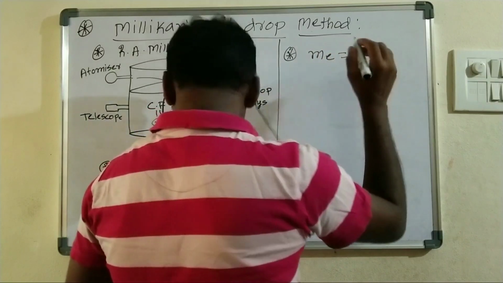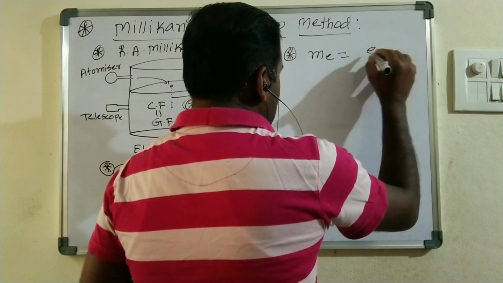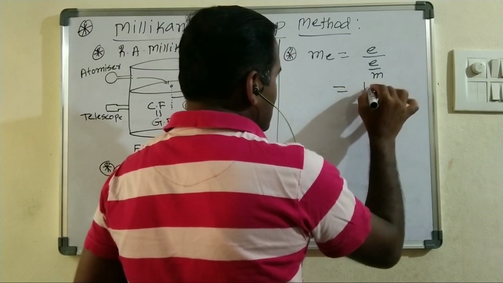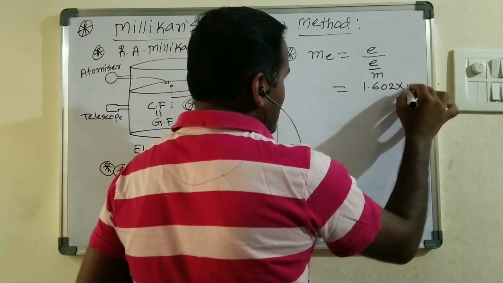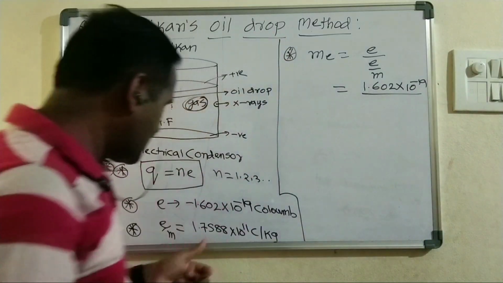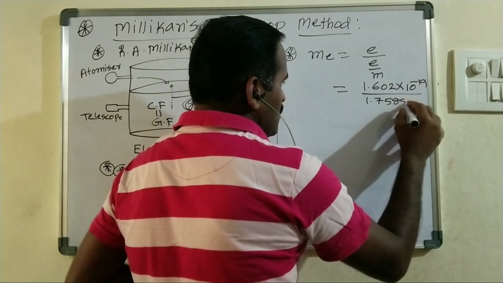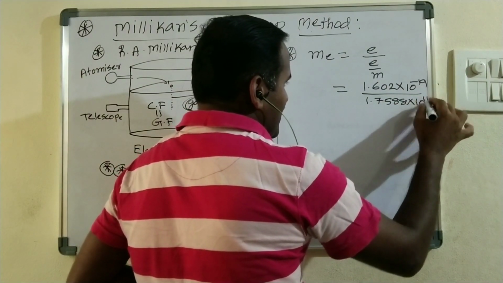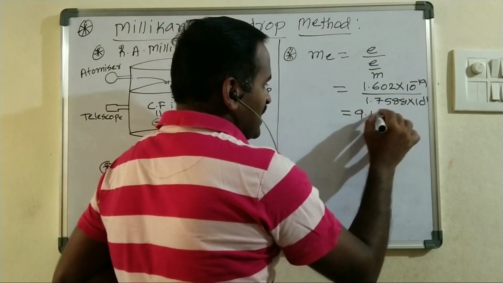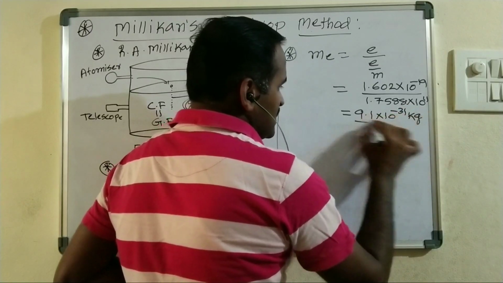Mass of the electron is equal to the charge of the electron divided by the charge to mass ratio of the electron. That is, the charge of the electron is 1.602 into 10 power minus 19 coulomb, divided by the charge to mass ratio 1.7588 into 10 power 11 coulomb per kg. From that he calculated 9.1 into 10 power minus 31 kg, which is simply the mass of the electron, right?